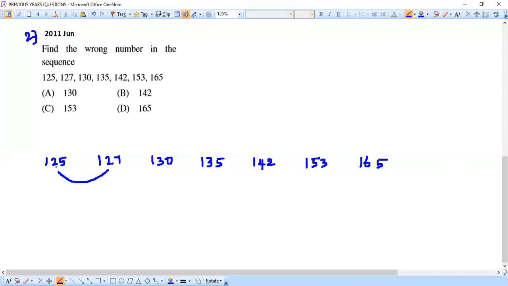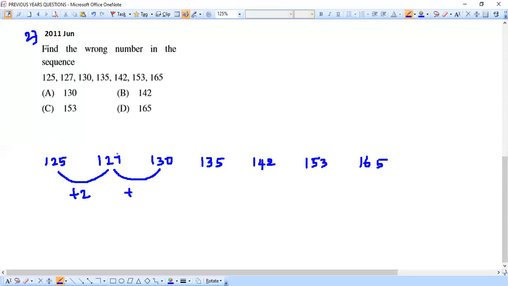So 125 we have, next term is 127. So that means they did plus 2 here. Next is 127 to 130. How much did they do? You can even remember this as 27 to 30.